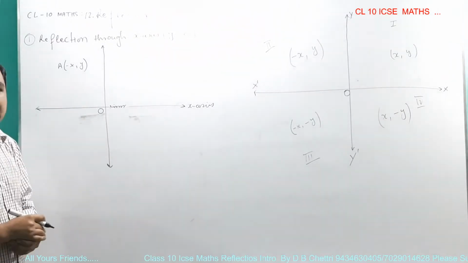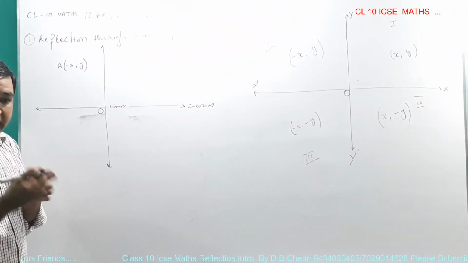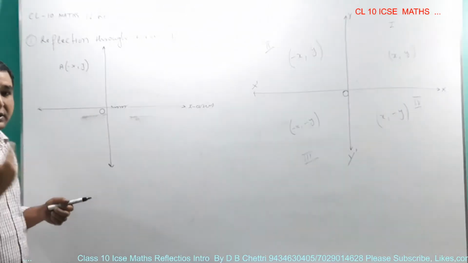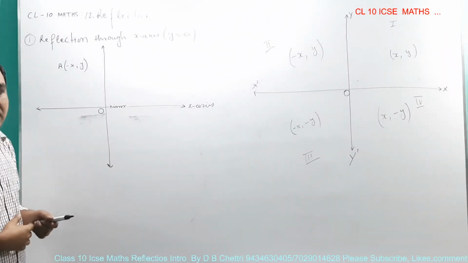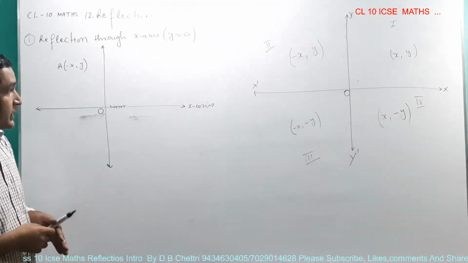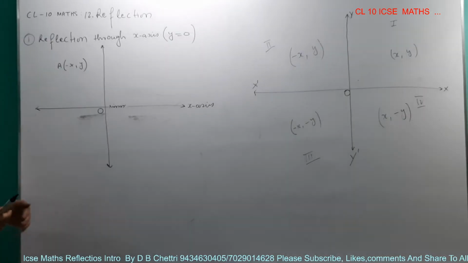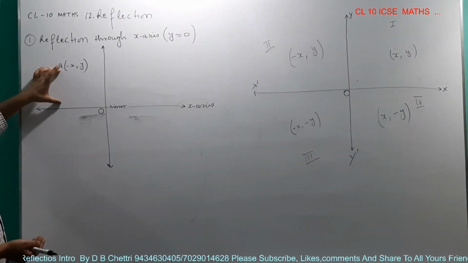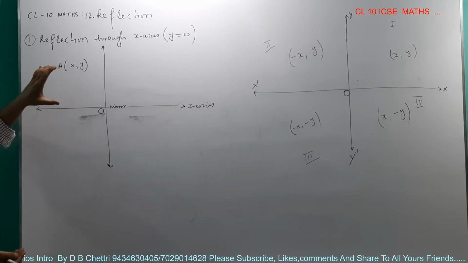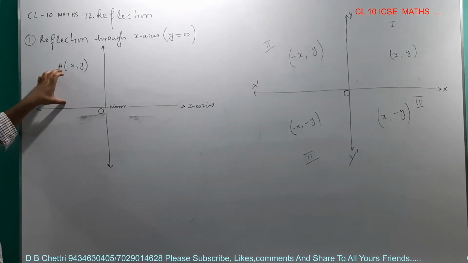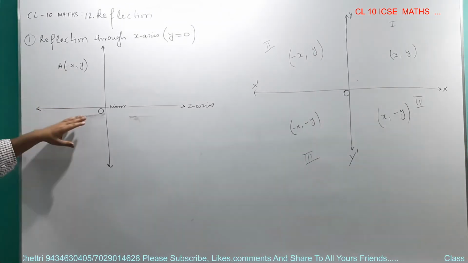Stand in front of your mirror and try to find the distance of your image, where your image forms when you stand in front of the mirror. According to the law of plane mirror, the image is formed behind the mirror at exactly the same distance as the object is placed.